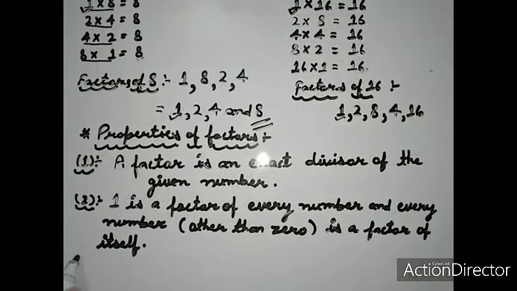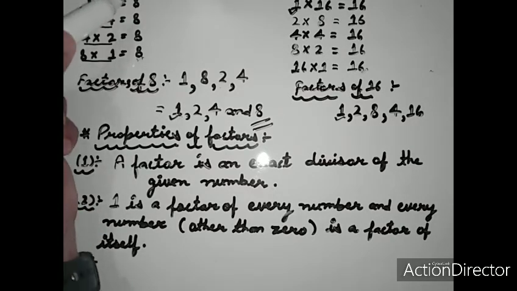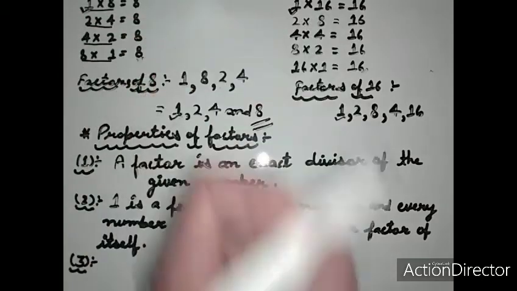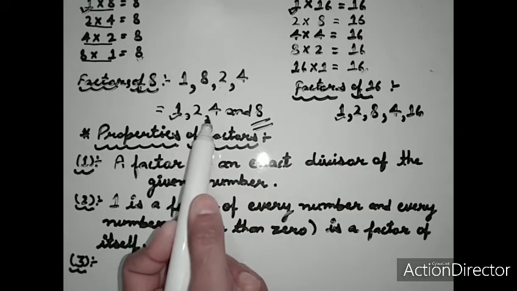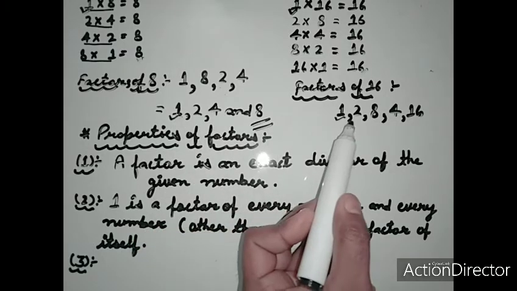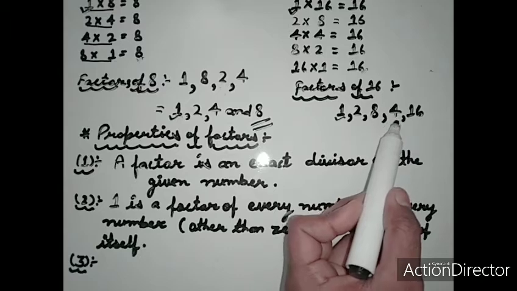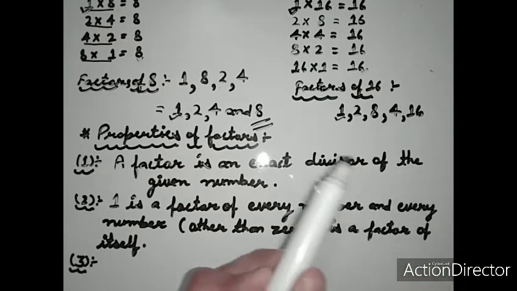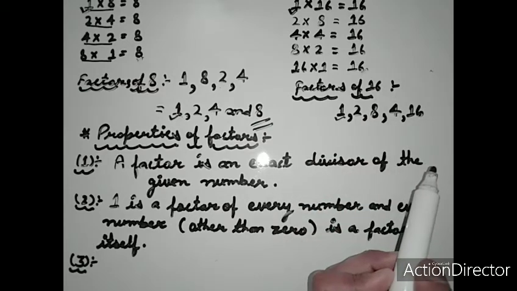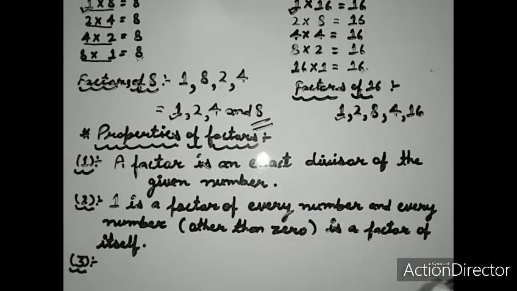Now students, the third property of factor is, so here we see, when we find the factors of 8 and factors of 16, we get 1, 2, 4 and 8, and 1, 2, 4, 8 and 16. So these factors are equal to the given number or smaller than the given number.